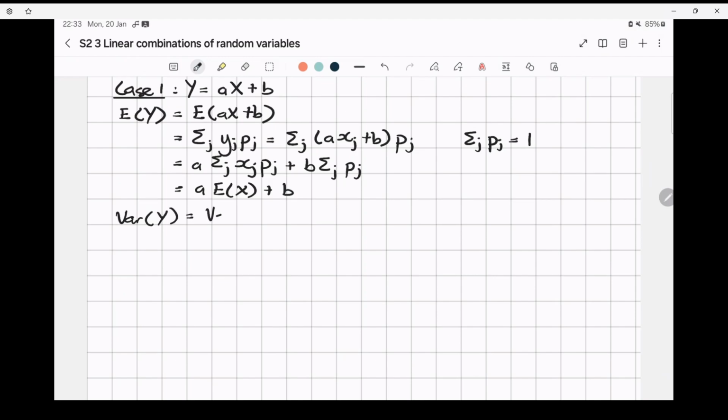Now let's look at the variance of Y. This will be the variance of aX + b.